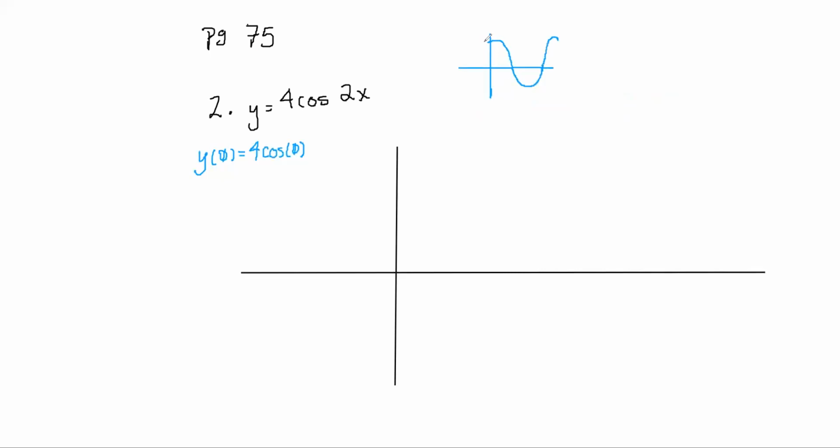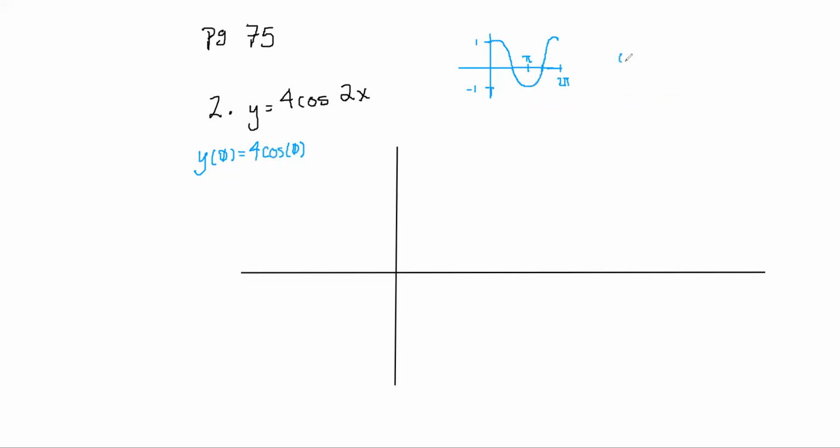So we start here at 1, we end at 1. This is going to be -1. It's a little off on scale. This is pi, and this is 2 pi. So we have these big important points.